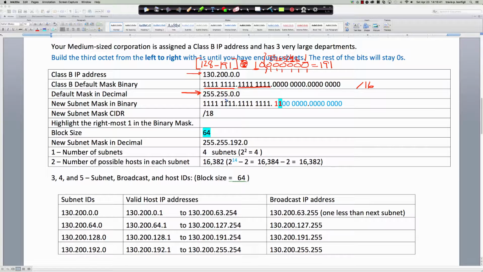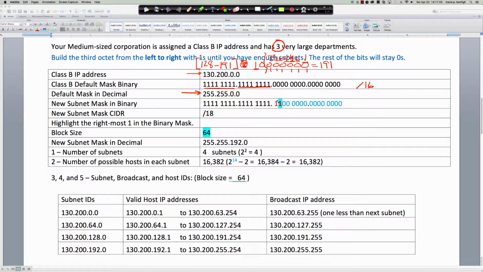So now we want to figure out, we've got a medium-sized corporation, we have 3 large departments, so we need 3 subnets. Well, you're not going to get an odd number of subnets because we're dealing with powers of 2. So we're going to have to overshoot 3, and that's okay, because as long as we meet our host requirement, it's okay if we have a few extra subnets lying around.